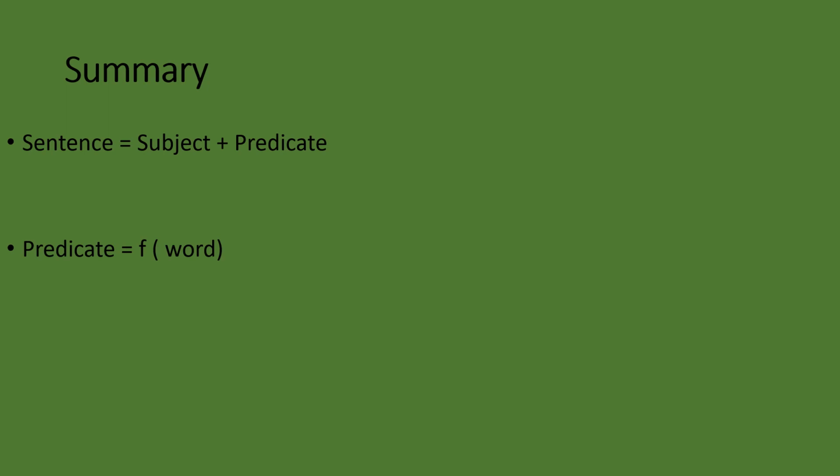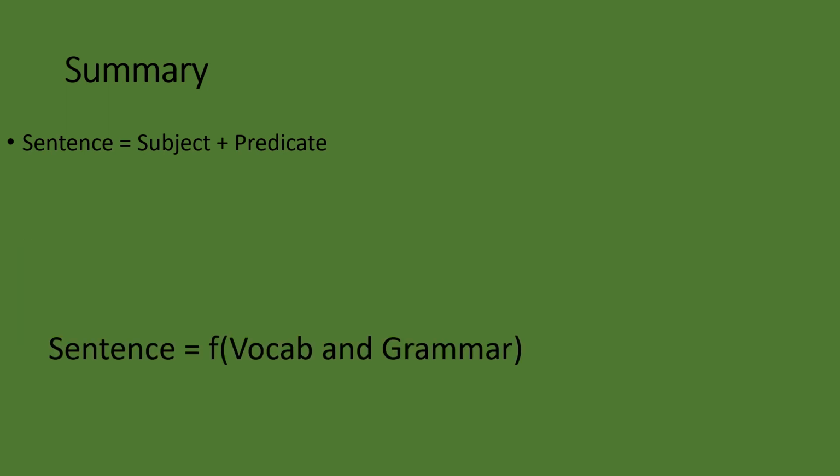So what can we infer out of this? We can infer a sentence is a function of vocabulary and grammar. So if you can learn both of them together and marry them off, then we don't need to worry about sentence correction.